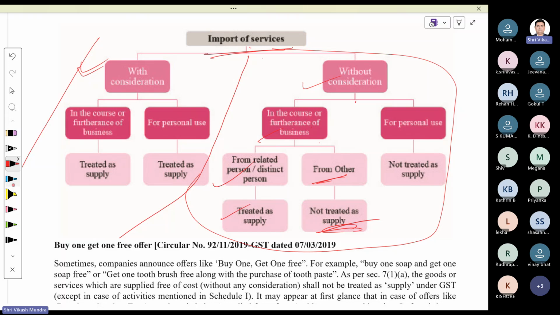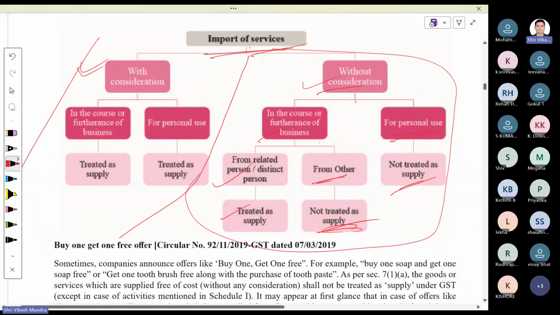And if it is for my personal use, whether from a related or non-related person, it will not be treated as supply. The taxability arises only when I am importing services without consideration for the purpose of my business from a relative or a distinct person. Then even though there is no consideration, it will be subject to tax. It will be considered as supply.